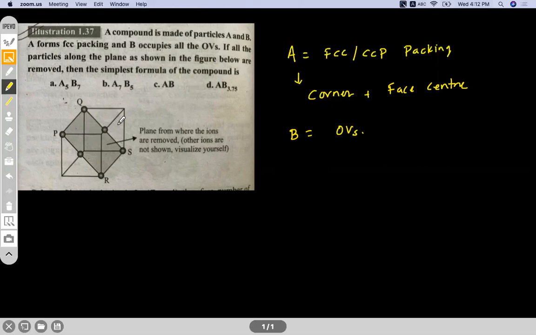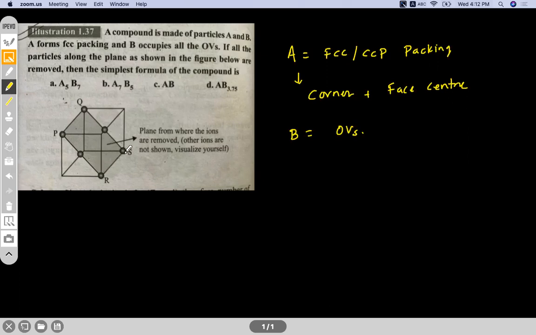If all the particles along the plane as shown in figure below are removed. Now this plane, you see how this plane looks like. This looks like, you see the room in which you are sitting in. Any top edge you take, and you consider a plane which passes through that edge, and it comes diagonally opposite to another edge, opposite side. So from the top to bottom, diagonally you have to come, like the edge that you have. You consider this edge and draw a plane like this along this edge.